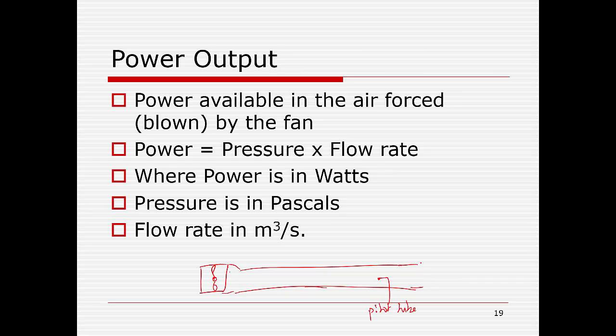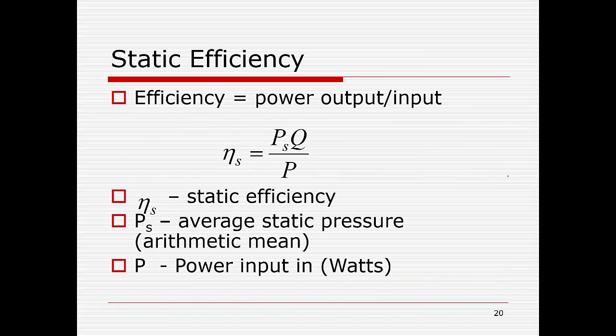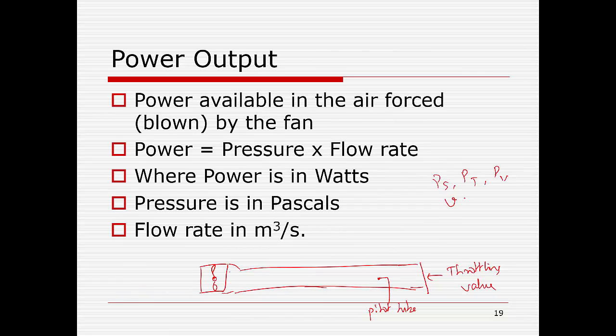And at the end, I had a throttling valve, right? So at a given throttling valve setting, I measure the static pressure, the total pressure, the velocity pressure, the velocity, and then the Q. And the power is nothing but the pressure times the flow rate.